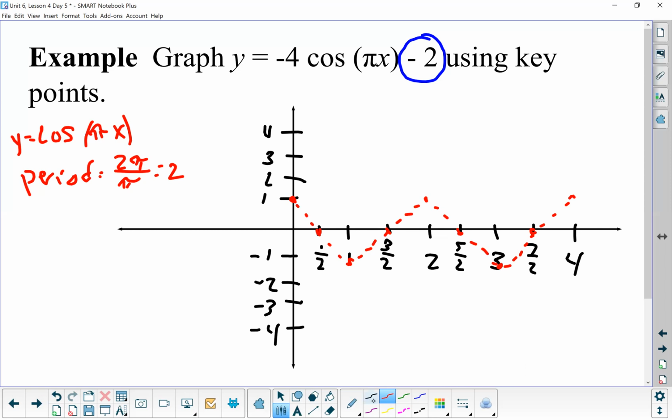Then I am going to graph the negative 4 cosine pi over 2.